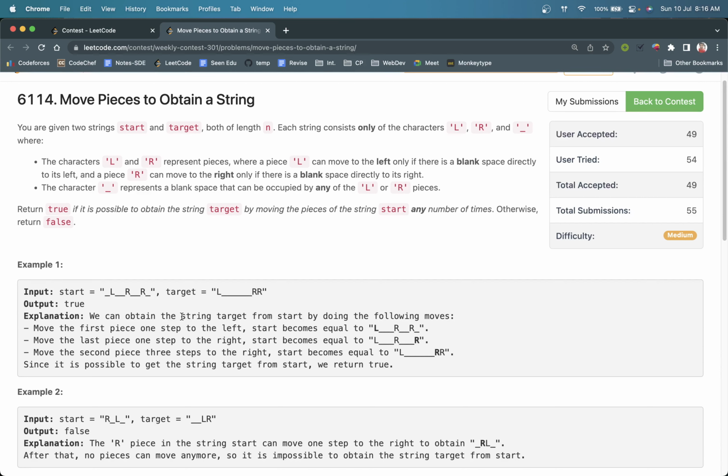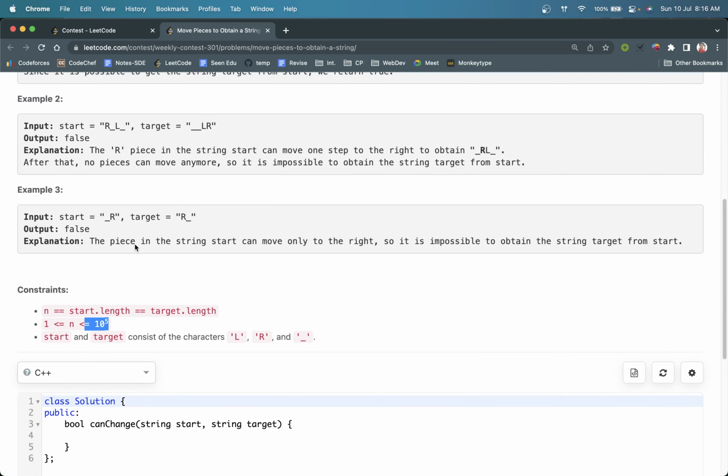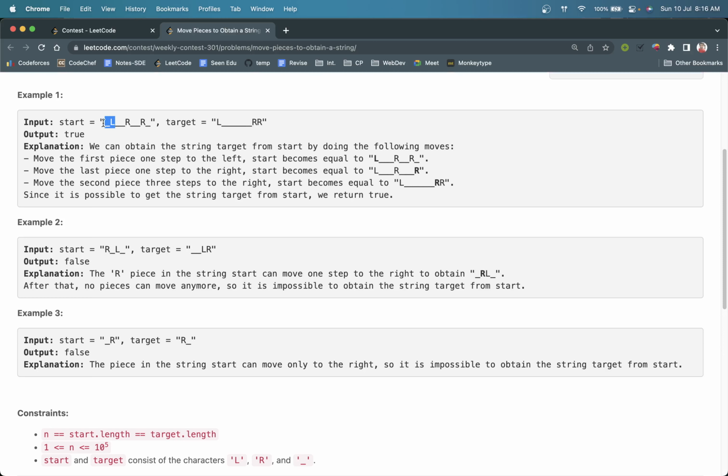First we are going to shift all the R's to that side. So what's the size? The size is 10, about 9. So for each R we are going to count how many spaces it has on the left side.